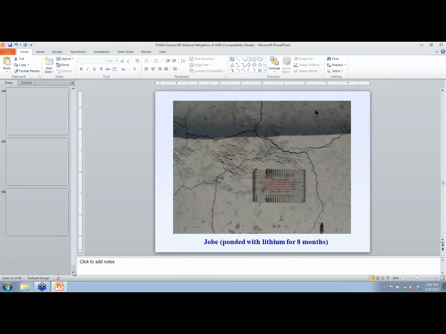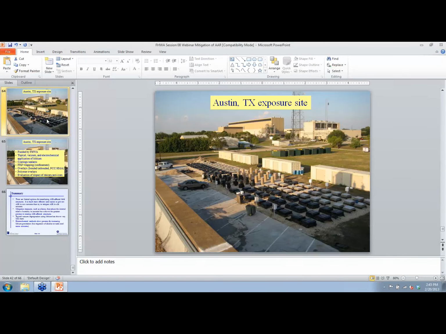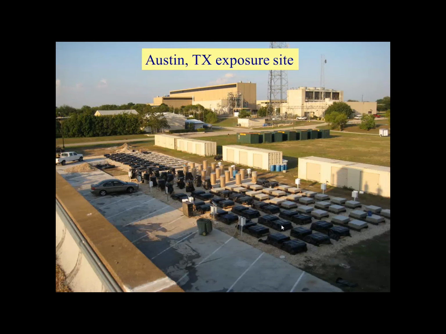In our own exposure site, just to address that one point, we do have some columns that we have applied FRP wraps to, and within those columns we estimated how many layers of FRP wrap we might need to restrain ASR, and we then applied different amounts to see if we could actually capture that effect.